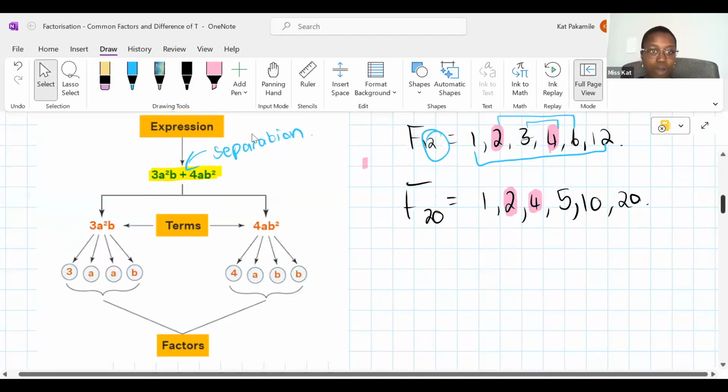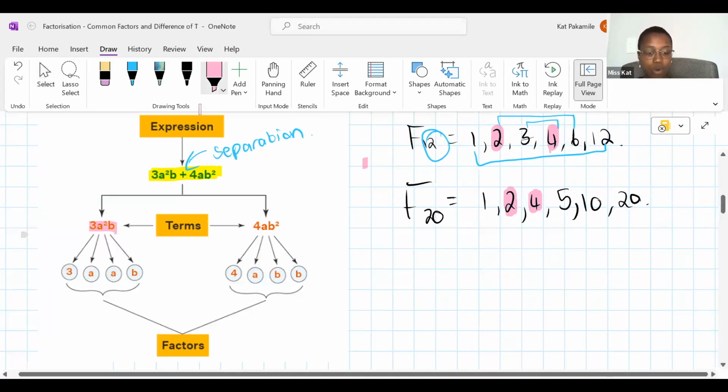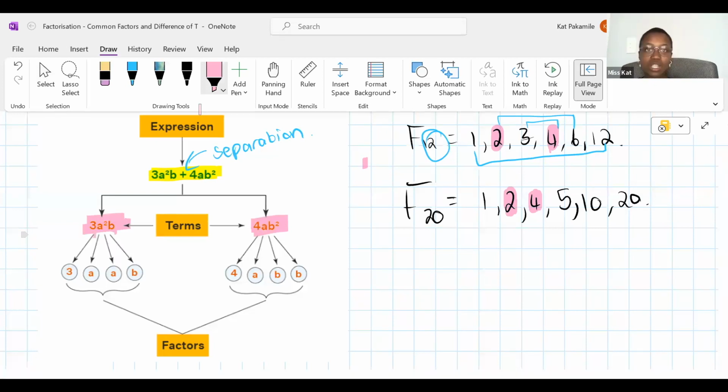Whereas with 4ab squared, the factors are 4, a, b, and b. So if I ask you, what are the common factors between 3a squared b, which is this term on the left, and 4ab squared? What would you say the common factors between those two are? I need you guys to first be able to identify them. Yes, Novuyo.